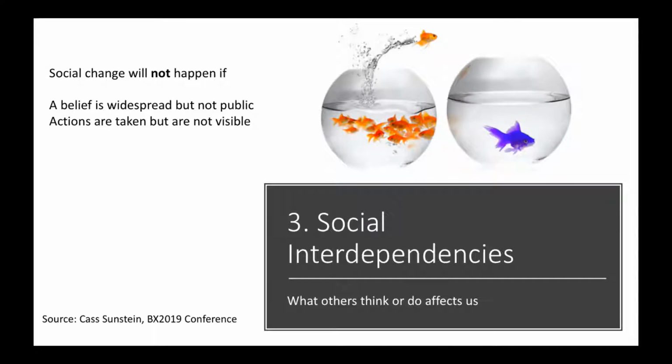If actions are being taken, but they're not public, again, there's nothing for them to join. So what you need to do is inform your supporters that their beliefs around a cause, animals' rights, women's rights, humans' rights, whatever it might be, that their belief is a widespread one. You need to make it public. And you also need to show them that other people are taking action to support this cause.